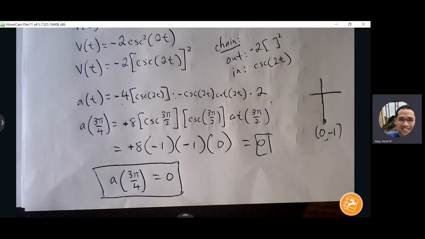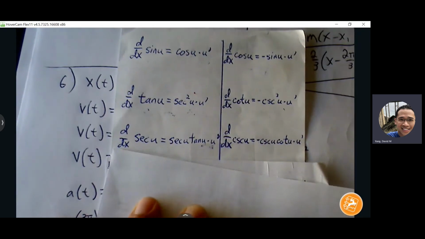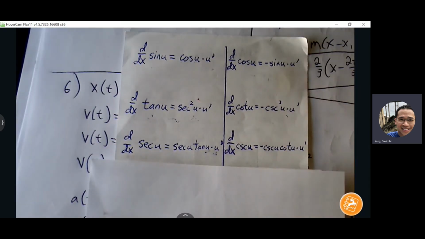Okay, one more thing I want us to do is I want us to practice writing out these 6 derivative rules, but right now don't write anything. Just look at this for a minute. And then I'm going to ask you to get out a blank sheet of paper and write down these 6 rules.